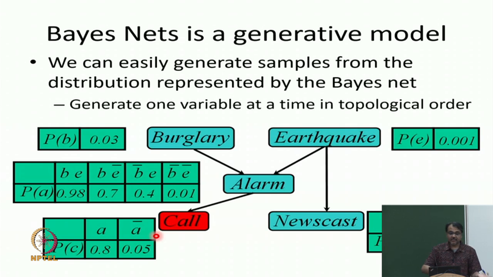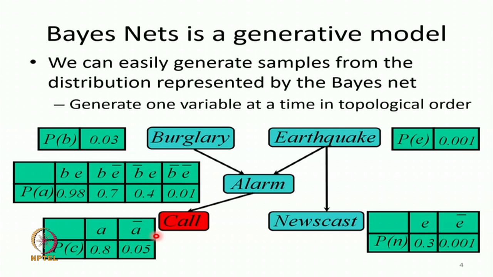B is false, E is true, A is true, C is false, whatever. That gives us our one sample. Now, we can do these coin flips many times, and we have got lots of samples. And notice each sample is generated by the joint distribution. So, these are real samples, real means these are simulated samples, but from the distribution that the Bayesian network represents.